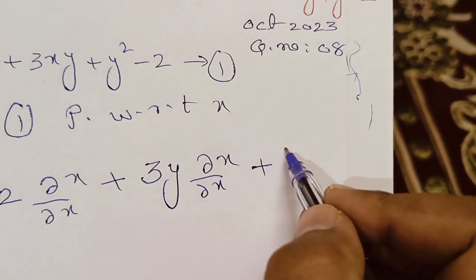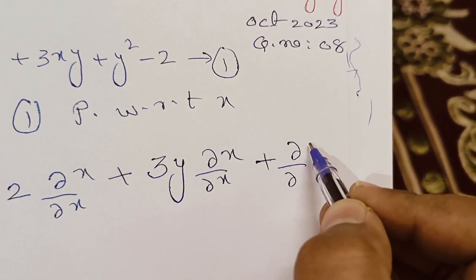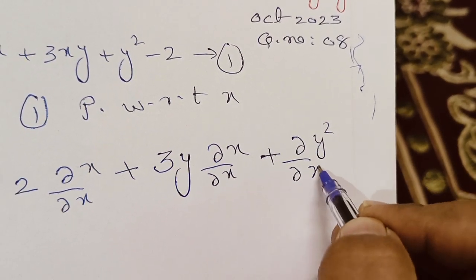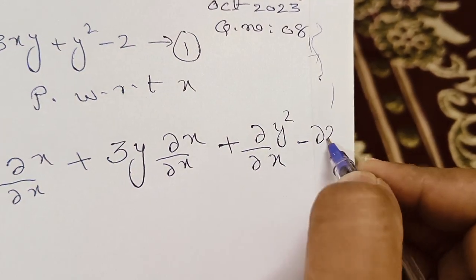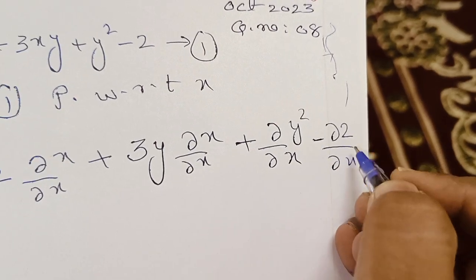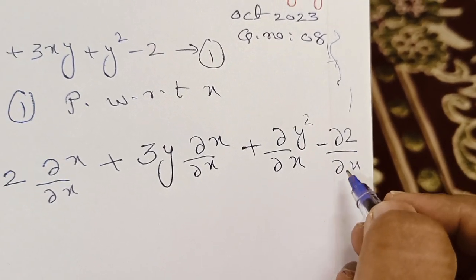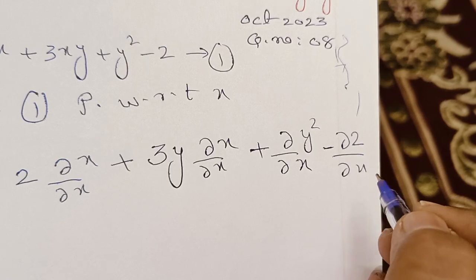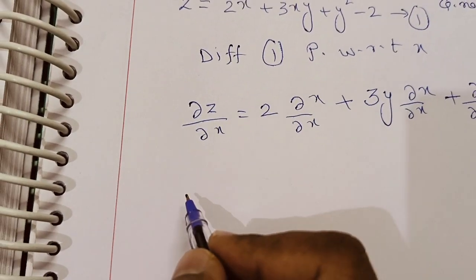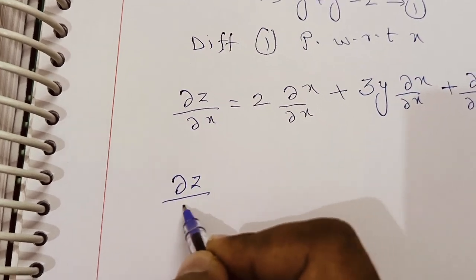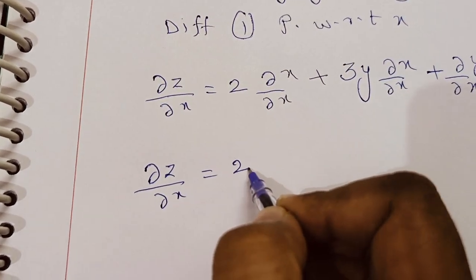So directly when we differentiate y square with respect to x, it becomes 0, and dou by dou x of 2. 2 is also a numerical value, and the derivative of numerical value is also 0. So these two terms become 0.